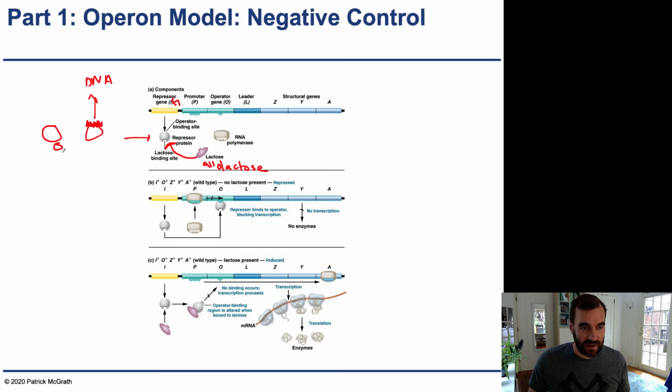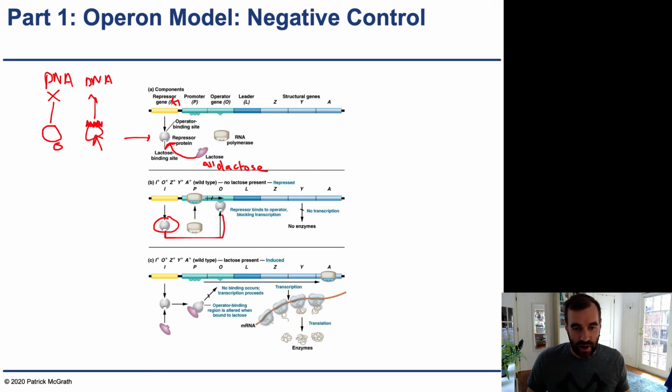And if allolactose is bound, then the repressor is no longer able to bind to DNA because of the shape change of the protein. So this is what's referred to as allostery. In situations where no lactose is present, this repressor molecule is in the form where it can bind to DNA.